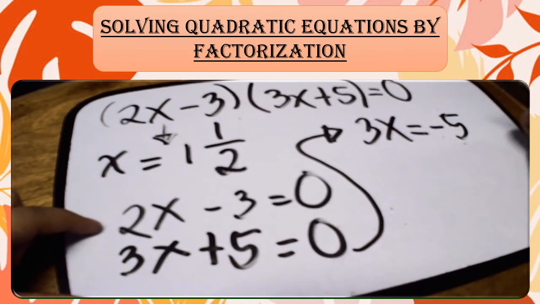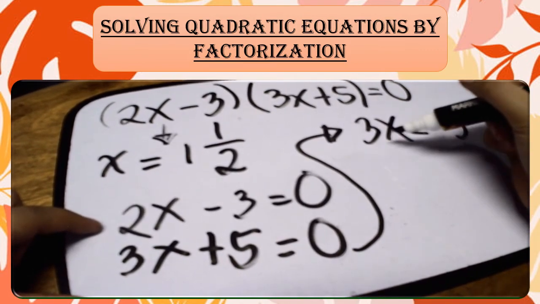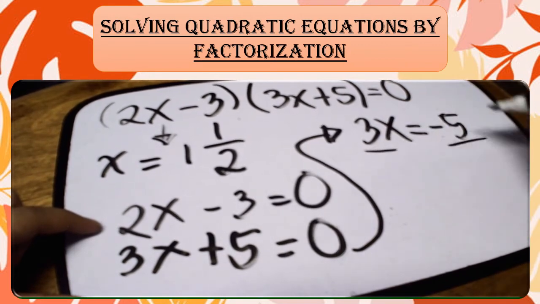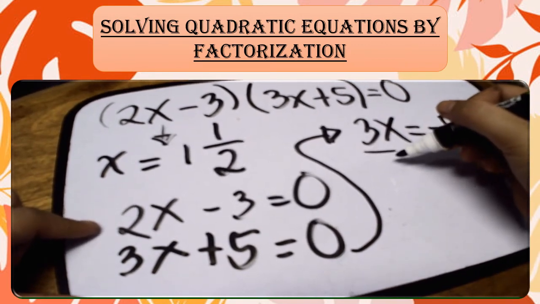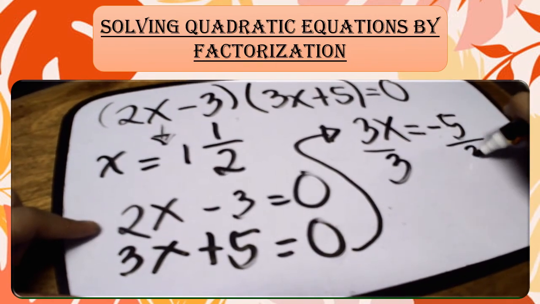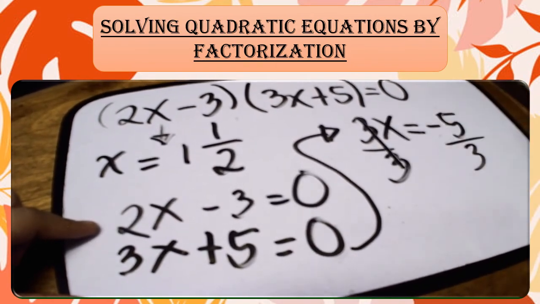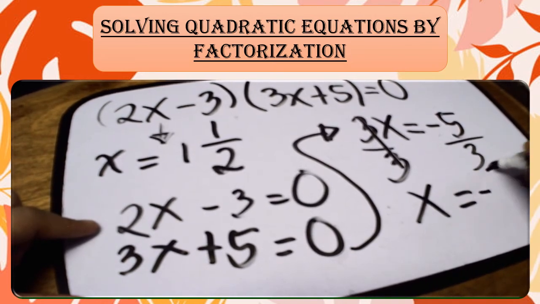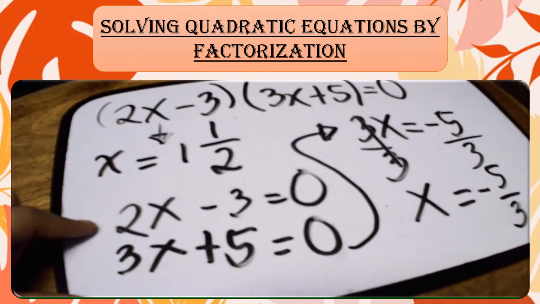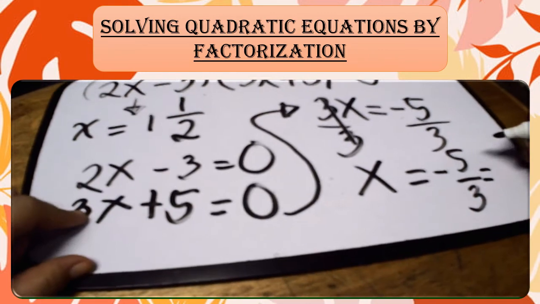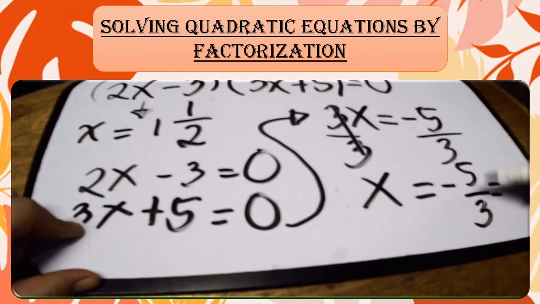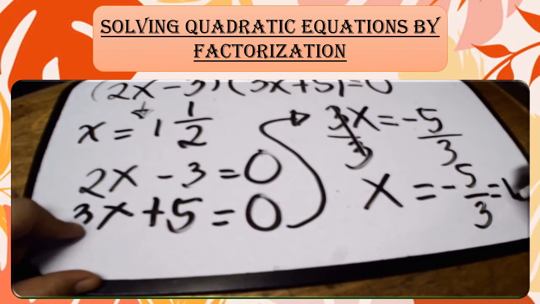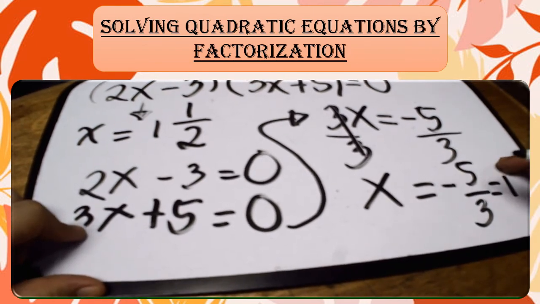Again, there is a constant before x. So divide both sides by 3. Cancel 3. x now is equal to negative 5 over 3. Since it is an improper fraction, simplify your answer. 5 divided by 3, we have 1.